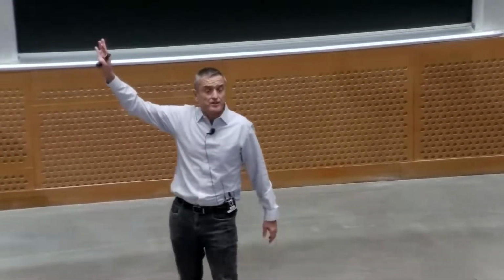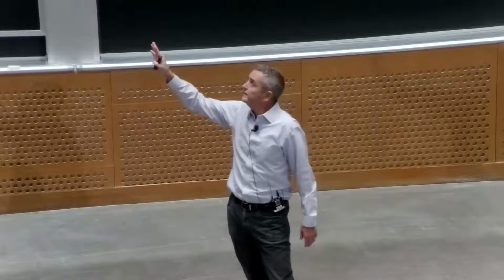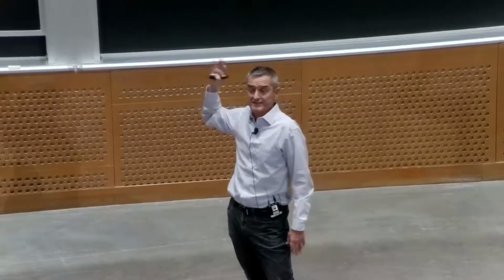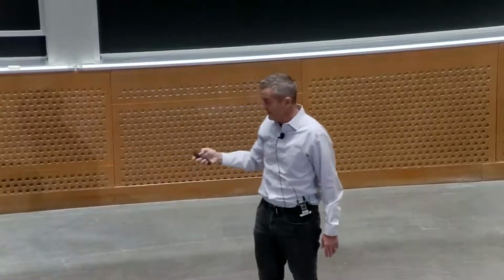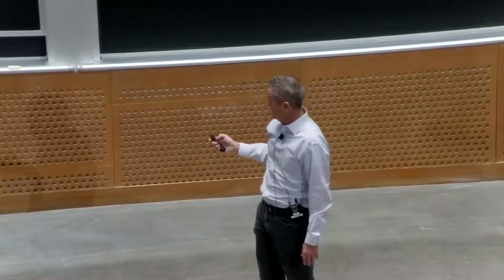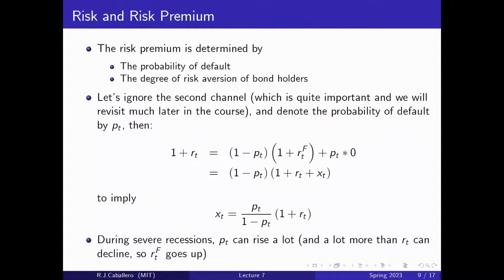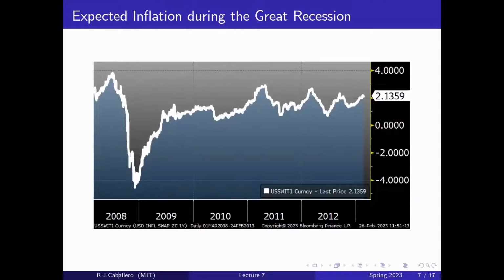Okay? Now, the episode I described to you during the global financial crisis was the exact opposite of this. No? In the global financial crisis, we had this X jumping, and I had shown you before that expected inflation came down a lot. Okay?